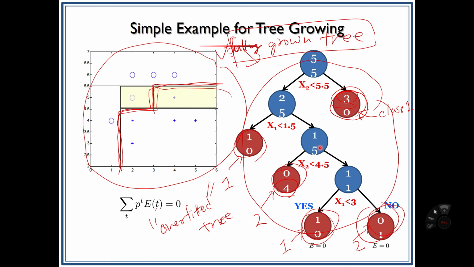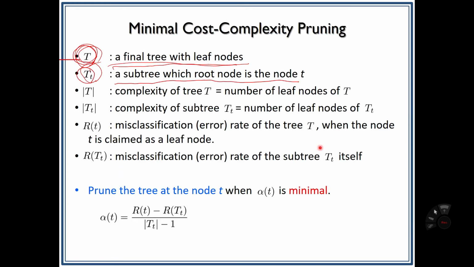So as we cut off the branches, we get an increased error rate of the final tree capital T. So again, this alpha t means that we want to remove as many leaf nodes as possible, but still keep accuracy as high as possible.